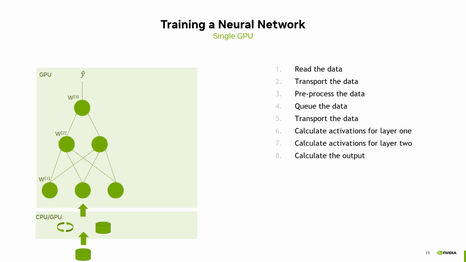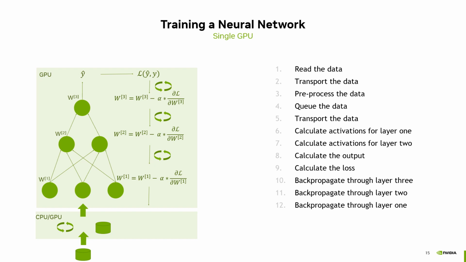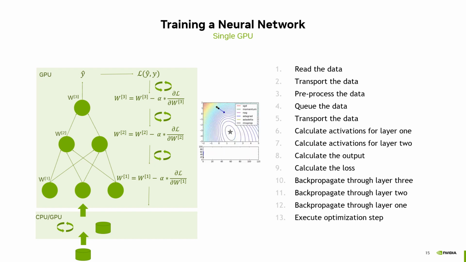From here, we first calculate the activations for layer 1, then layer 2, and finally the output. This output is used for computing some loss, and then we backpropagate the loss through the third layer first, then the second one, and then the first. We use this to execute the optimization step and update the weights, and then we just iterate.